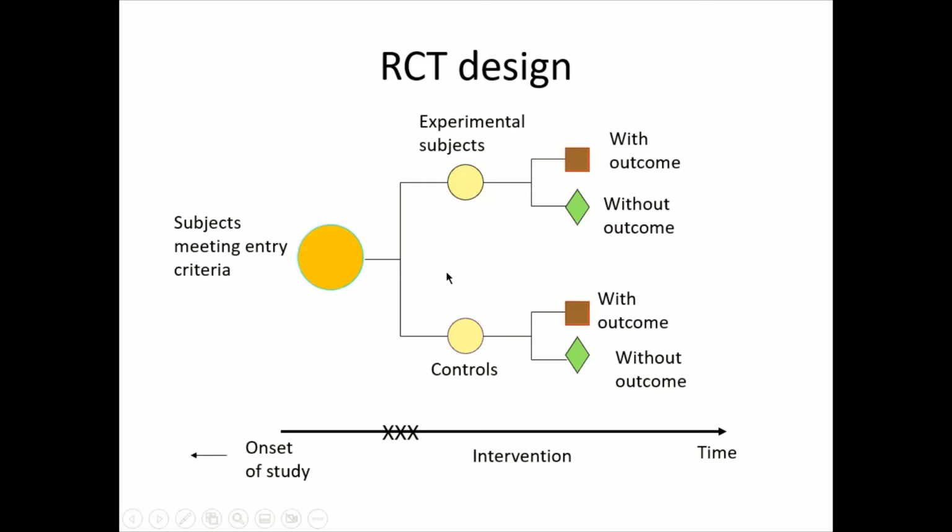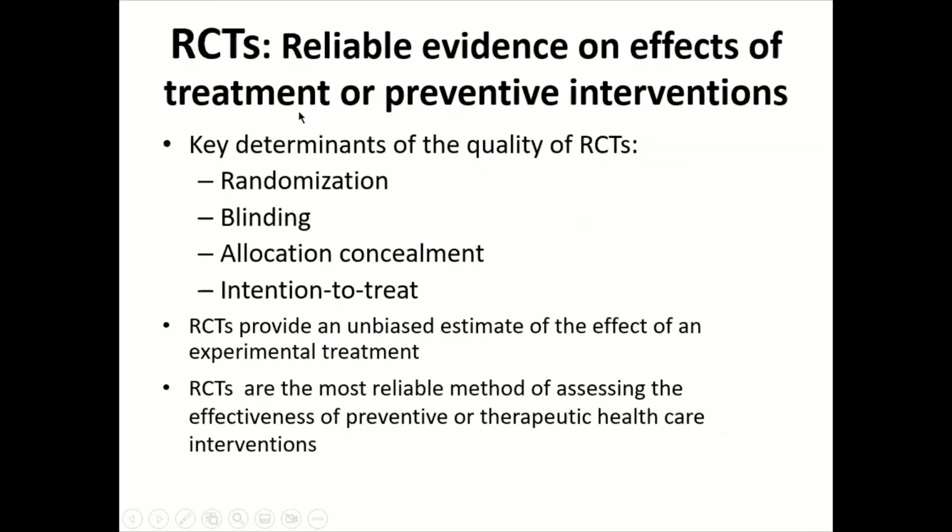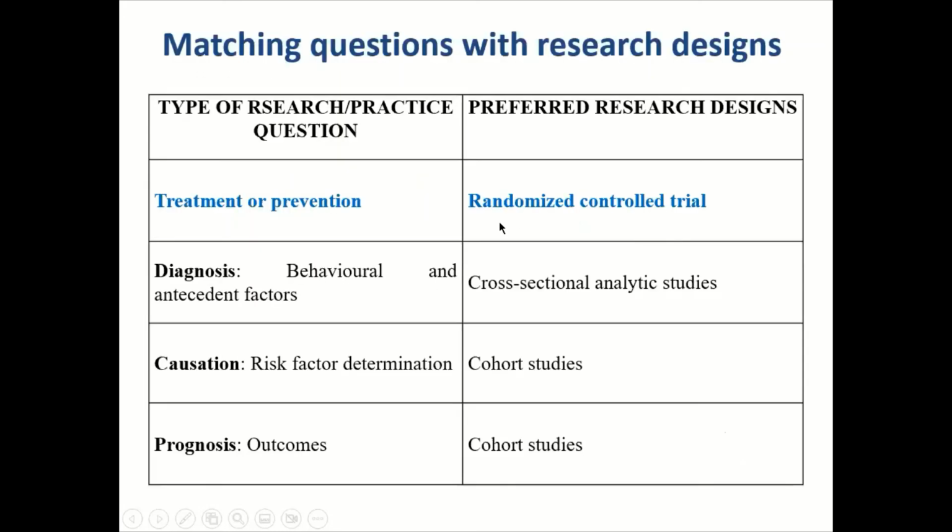A very superior type of study design in health sciences. Okay, again, talking about randomized controlled trials, they give reliable evidence of the effect of treatment or preventive intervention. All of these are characteristics. We'll come to them later on. We've touched on this in the epidemiology class as an epidemiological clinical study design.